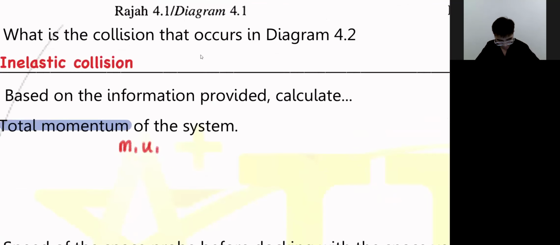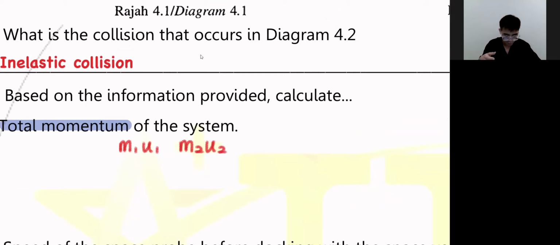Clear? And if you also want to calculate the momentum of the space prop, object number two, it will be M2 multiplied by U2, the mass multiplied by the initial velocity of the space prop.